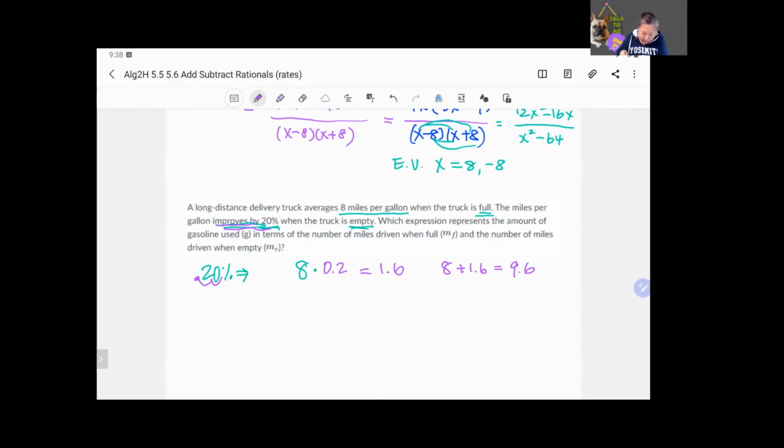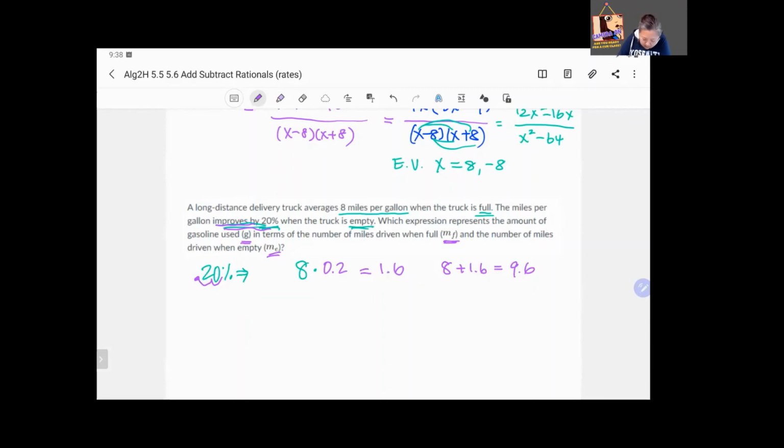Okay, then which expression represents the amount of gasoline used? So we will use the variable G in terms of the number of miles driven, and they suggested we use M sub F for the truck fully loaded, and M sub E for the truck with no load, right?